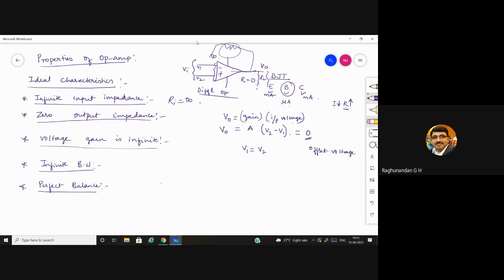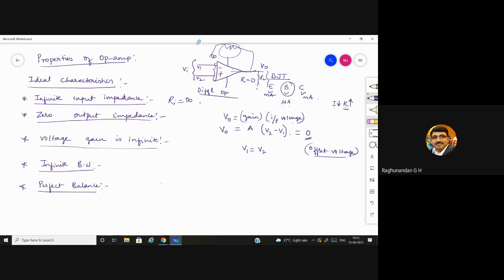You might have observed in the lab, in the signal generators, we have an option called offset voltage. Whenever we want to manage the perfect balance, we use that offset voltage knob.